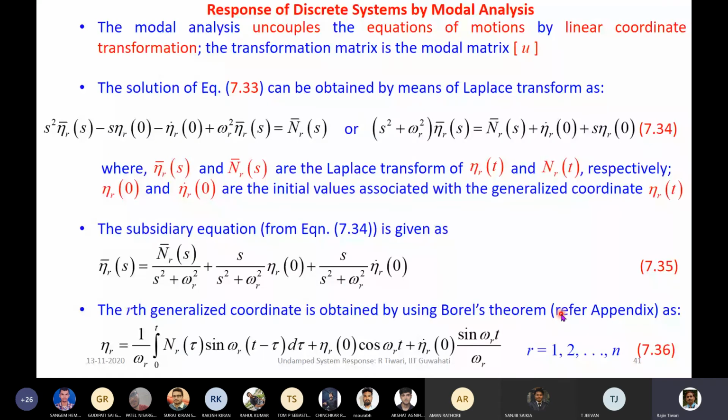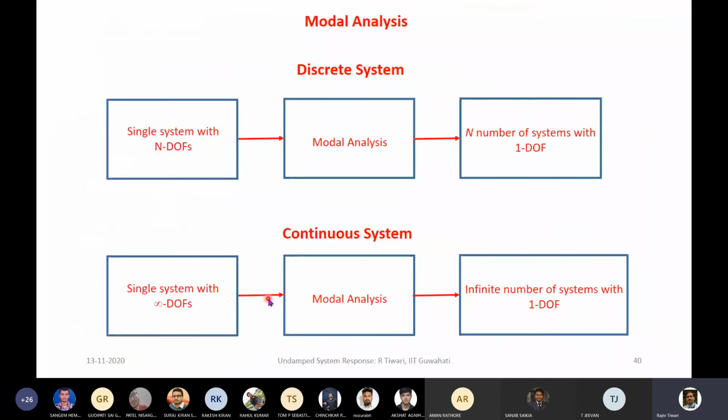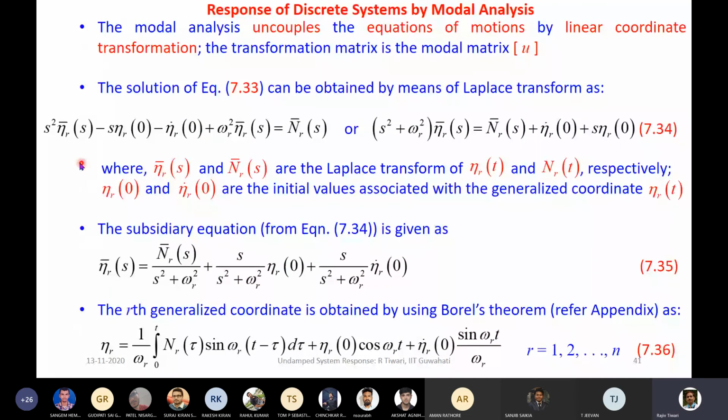So coming back to that particular equation which we got, if we do the Laplace transform of that single degree of freedom equation, as we did earlier, this is from the acceleration term, this is from the second term, and this is the force.